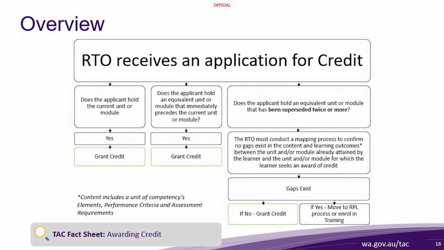But when the applicant holds an equivalent module or unit that has been superseded twice or more, then you must go into a mapping process to confirm no gaps exist in the content or learning outcomes between the unit of competency that is already attained by the learner and the unit of competency or module for which the learner seeks an award of credit. And that content, of course, includes the unit of competency's elements, performance criteria, performance evidence, and knowledge evidence requirements, which are specified in the old unit of competency and in the current unit of competency.